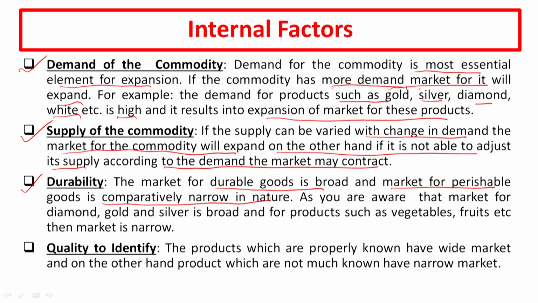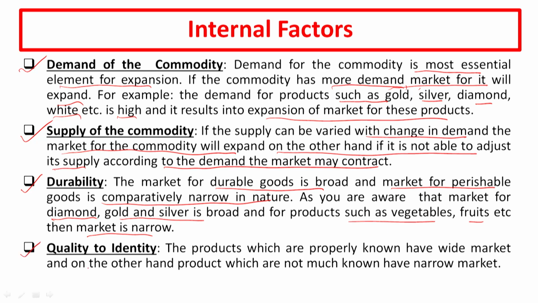As you are aware, the market for diamond, gold and silver is broad, and on the other hand, for perishable products such as vegetables, fruits, etc., the market is narrow. So durability also plays a very important role in the expansion of the market.